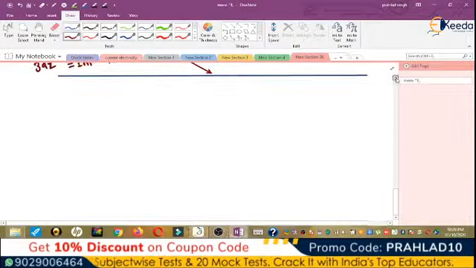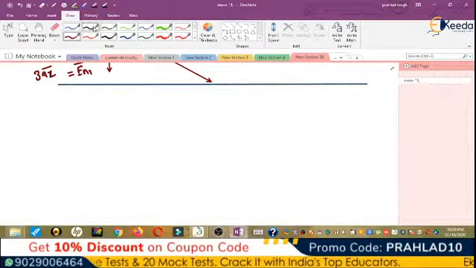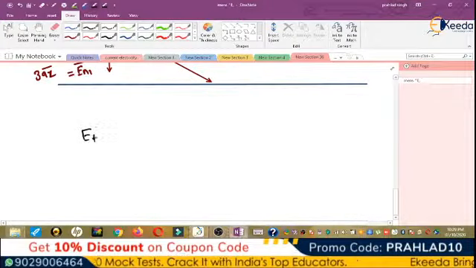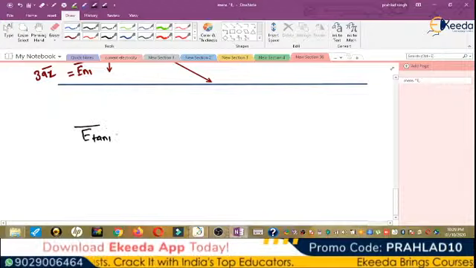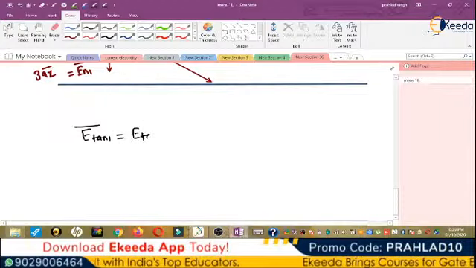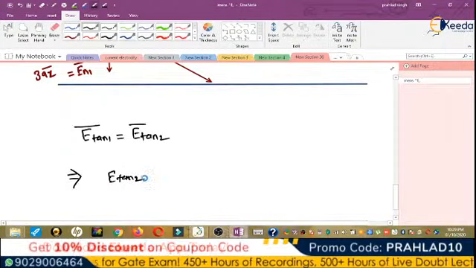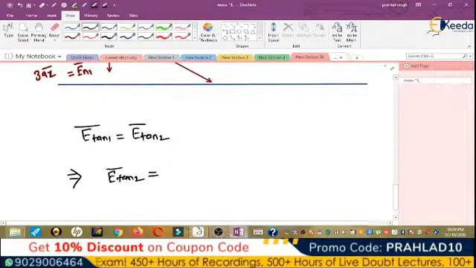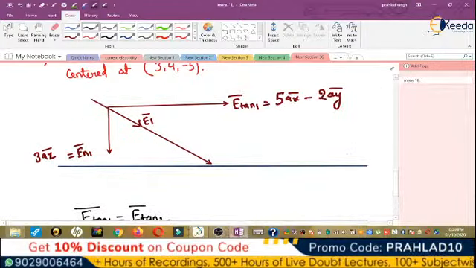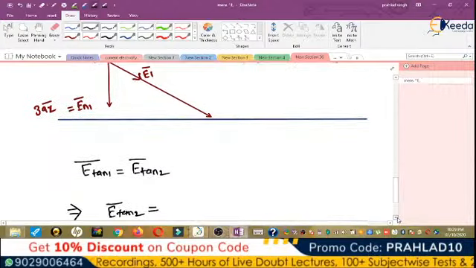But what is the boundary condition here? Etan1 is equal to Etan2. So Etan2, the tangential component in the second medium, is equal to 5ax minus 2ay.